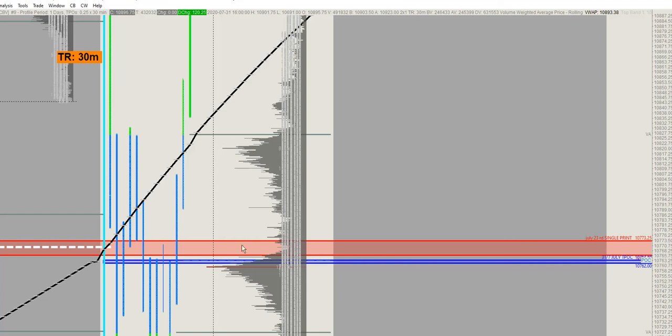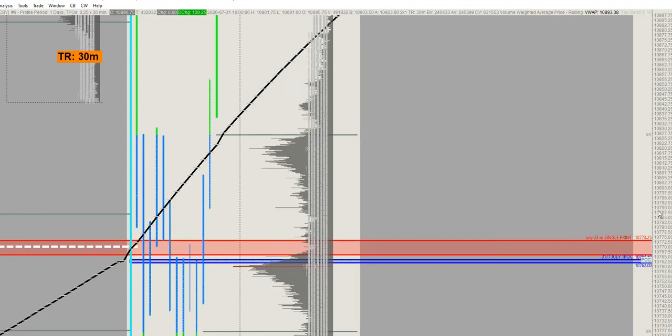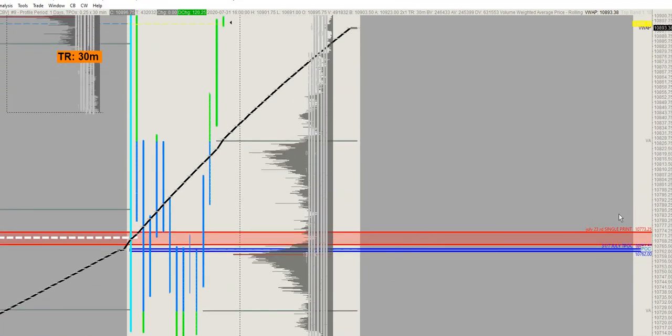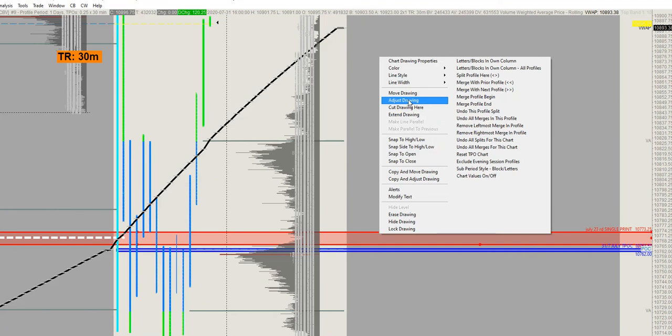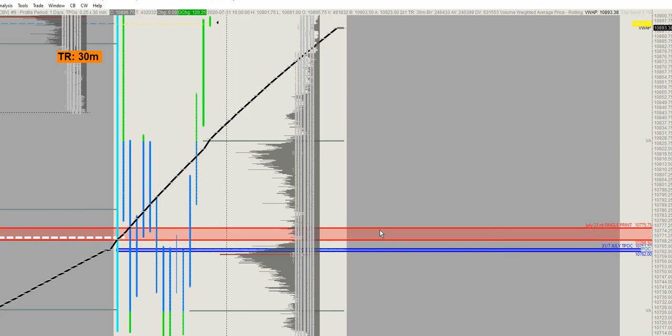So in the future, when the market comes back into this area, there's a high probability that the market won't just go through this very easily. It's because we spent a lot of time here, and the fact that there's also this confluence with the single print that's important here.